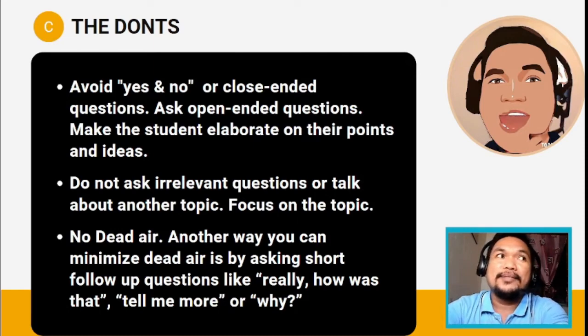In a free conversation, this is usually the reason people fail: you don't ask open-ended questions. Instead, you ask close-ended questions. So be very careful in asking questions, because the evaluator is very particular.